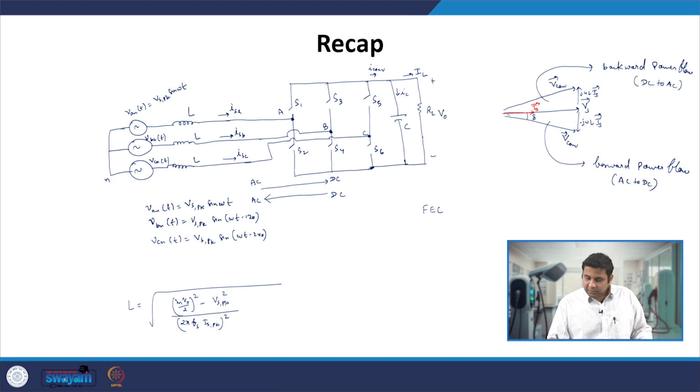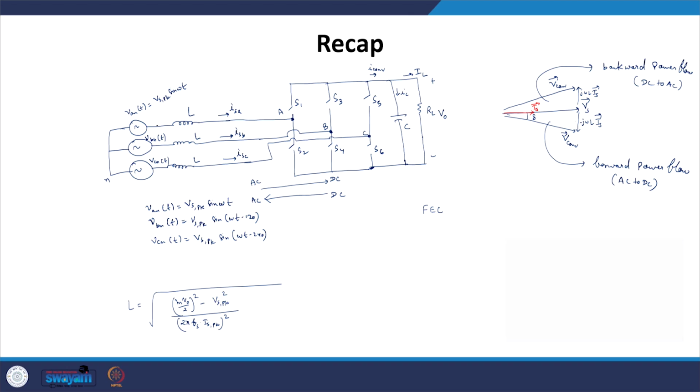And this particular thing we are talking about, we have drawn this phasor only for the fundamental frequency component. That means our frequency of conduction is nothing but the line frequency, or the frequency of the AC signal. And then we understood the operation.